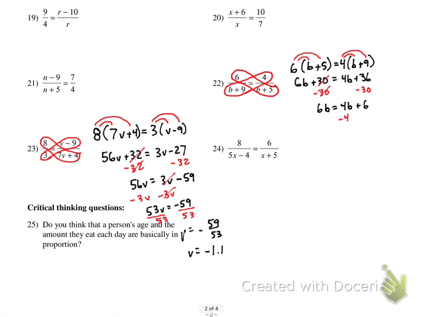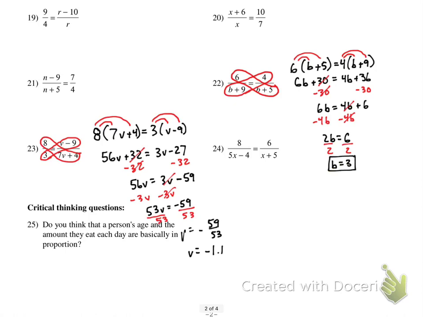Subtract the 4b now. I got 2b equals 6. And lastly, we do what? Divide by 2. This one works out nice. What is our answer? 3. b equals 3.